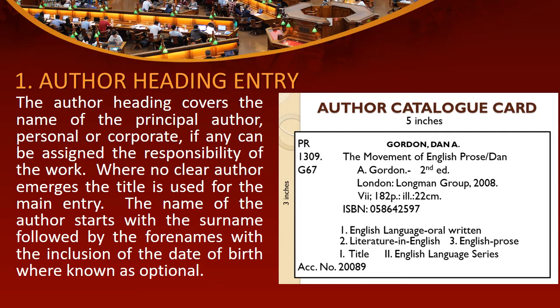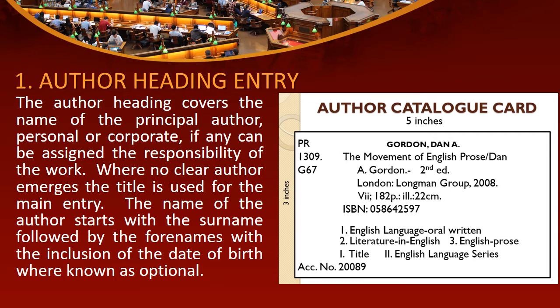Then you see the edition is there. The place of publication is London. Longman Group is the publisher. 2008 is the year of publication. VII is the preliminary pages. 128p means the book is of 128 pages.